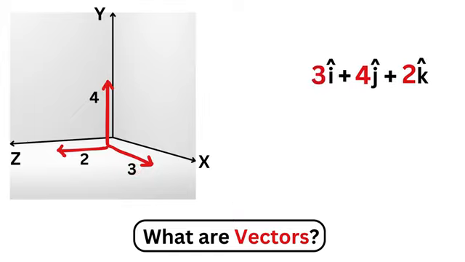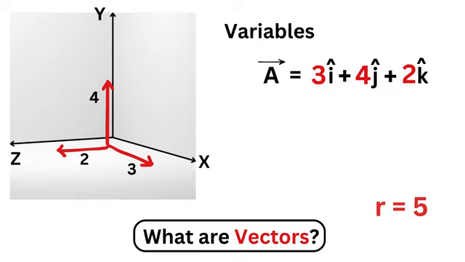Now, if we want to assign a variable to this vector like we do for a scalar, for example r equals 5, we take any variable and place an arrow above it, like v with an arrow, or a with an arrow, or any other variable with an arrow, to indicate it is a vector. Also, before we move to the next level, let me tell you one more thing.